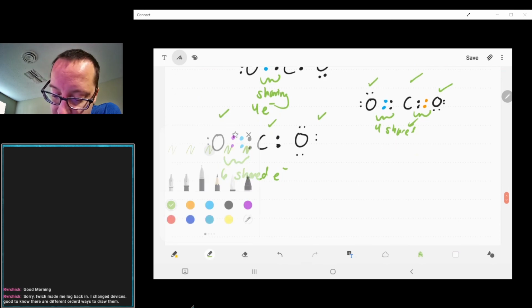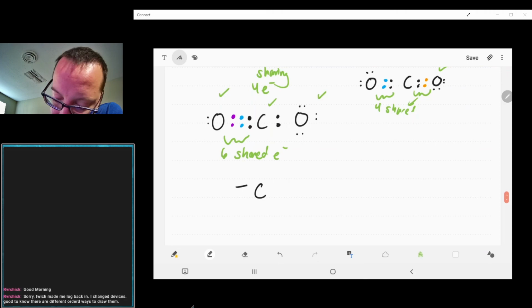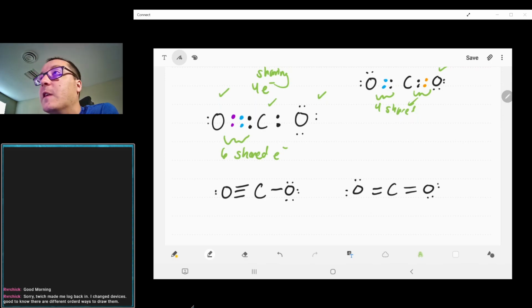If we redraw these with the lines, we would end up with these two options here. This is what it would look like if we were to redraw these.